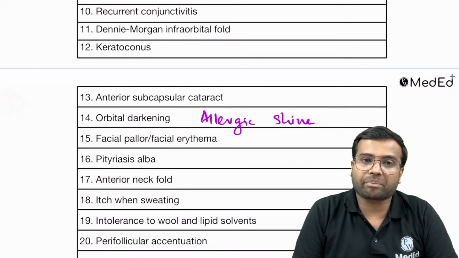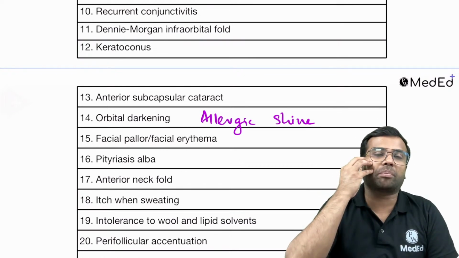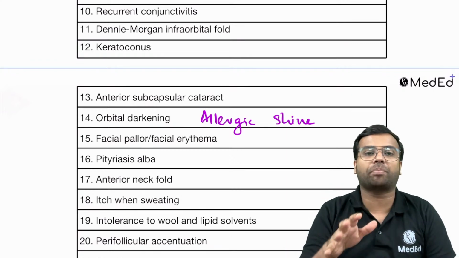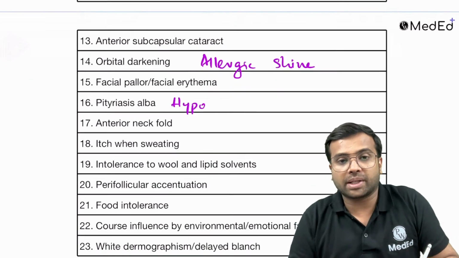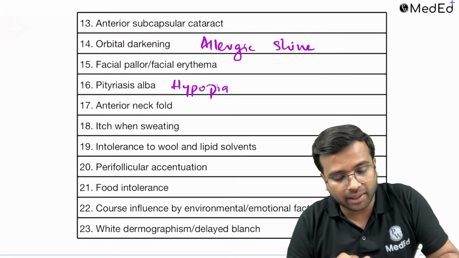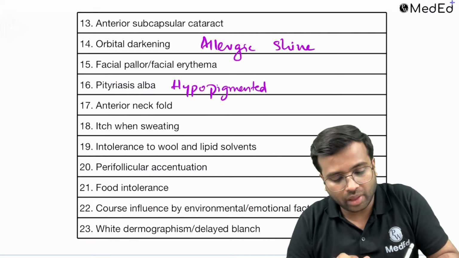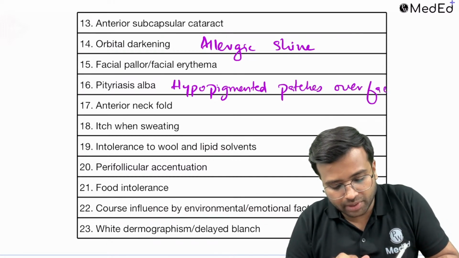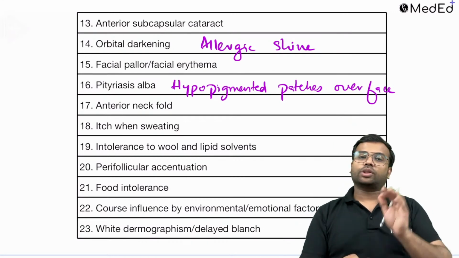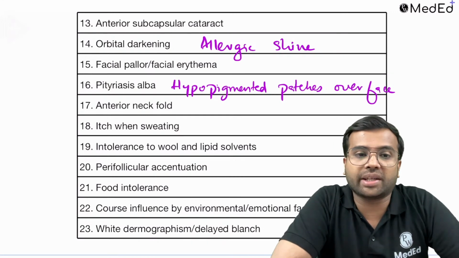Pityriasis alba, when a patient may complain to you of hypopigmented patches over the face. So the patient usually presents with hypopigmented patches over the face, which can be seen in pityriasis alba. So that is also seen as a minor criterion.